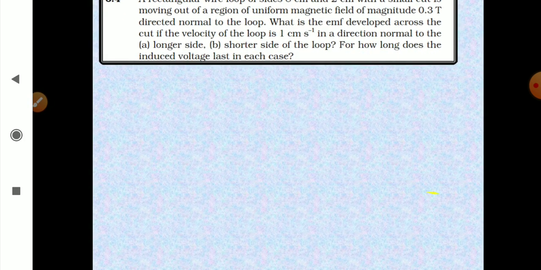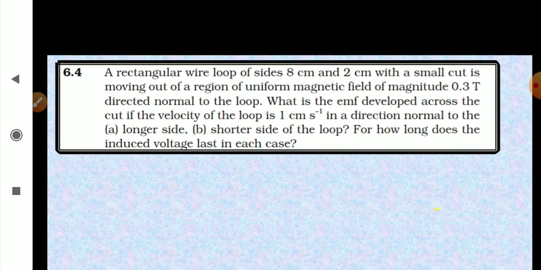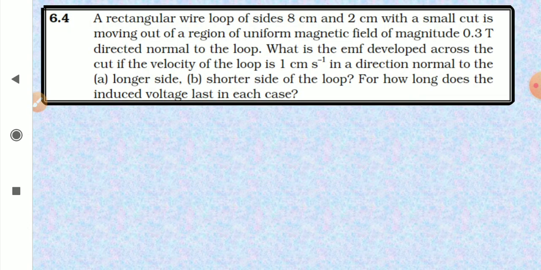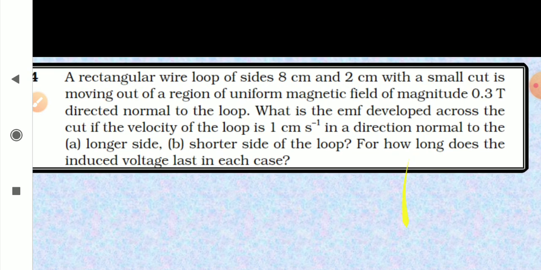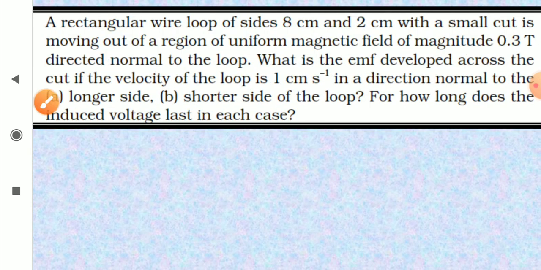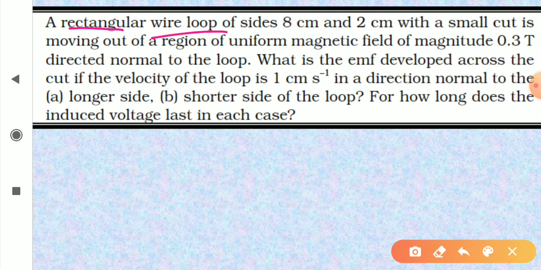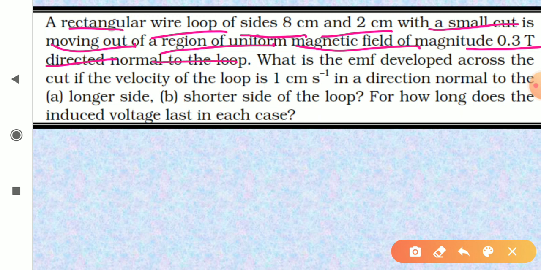So the next problem, this is also an NCERT unsolved problem and also a board problem. So let us try to understand the problem first. Here, a rectangular wire loop of side 8 cm and 2 cm with a small cut is moving out of a region of uniform magnetic field of magnitude 0.3 Tesla directed normal to the loop.